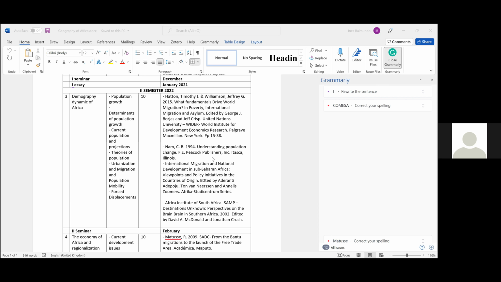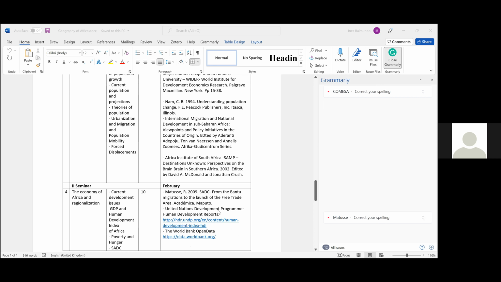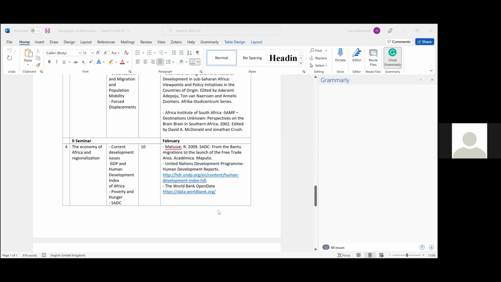So that's why I'm saying that this paper is quite unique, because we are out of the traditional discourse of blaming Africans as responsible for problems in hosting countries in Africa. And then I'm suggesting to discuss with you the economy of Africa and regionalization.